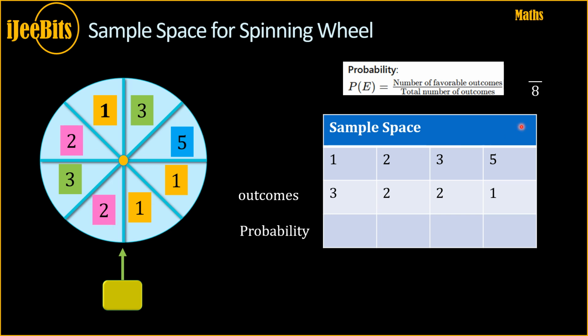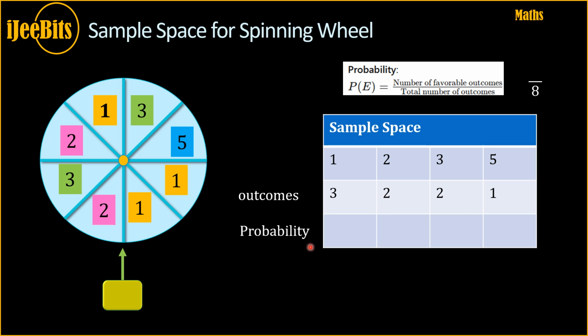So a total of 8 possible outcomes in this spinning, within which 1, 2, 3, 5 are the sample points. So getting 1 from this spinning wheel would be 3 out of 8. Agree? Total is 8, but you have 3 chances out of 8 of getting 1.